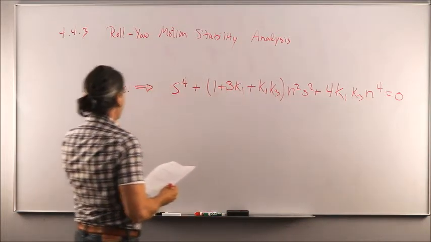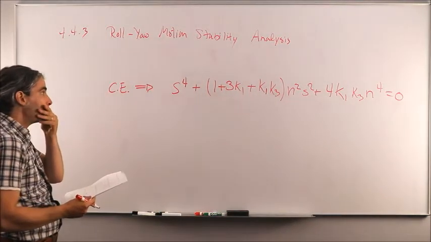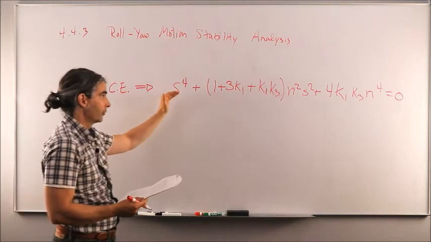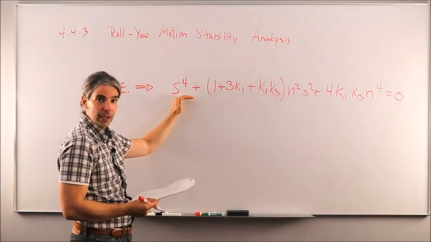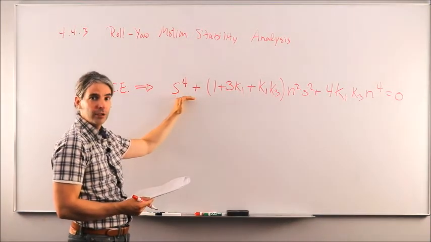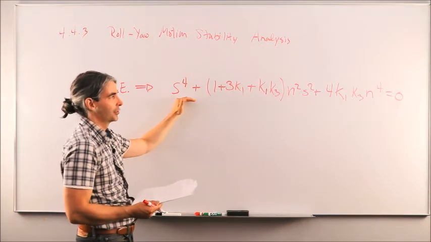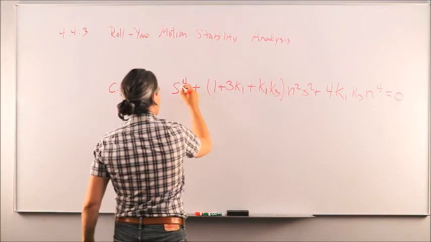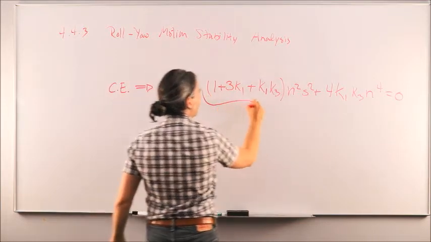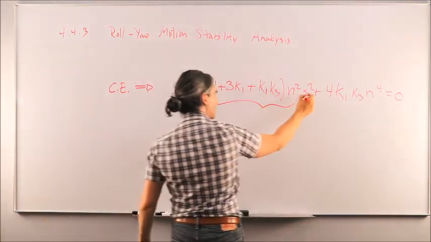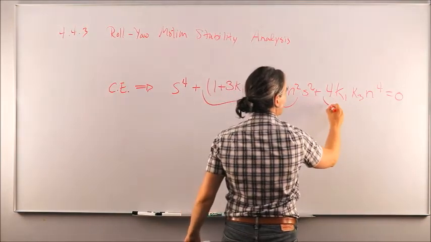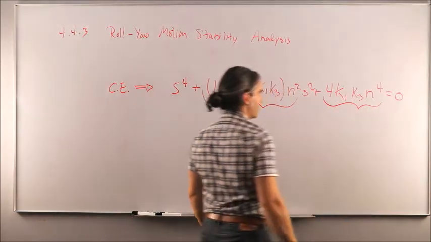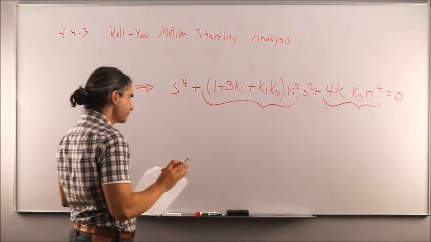Now the problem here is that we have an equation to the power 4, so solving for the roots of that equation or solving for the poles of that system is not that trivial to do by hand. But what you have to realize is that we have a variable to the power 4, constant times a variable to the square, and then just plus some other constant at the end of the day.